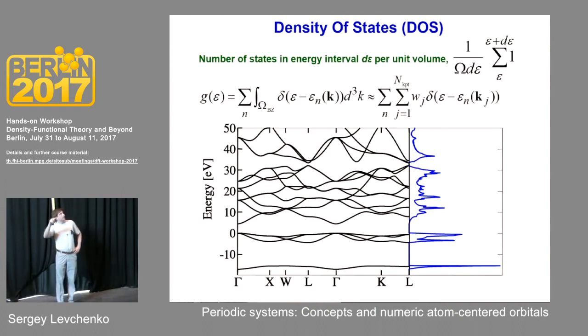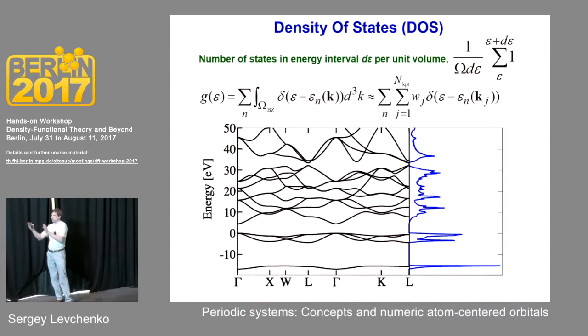And in practice, to calculate it, we would have to take every state in the calculation at every K point and add them up, and we obtain the density of states. But in practice, of course, we do not have a calculation at every K point. We just have a grid. And what we do is replace the delta function with a Gaussian.